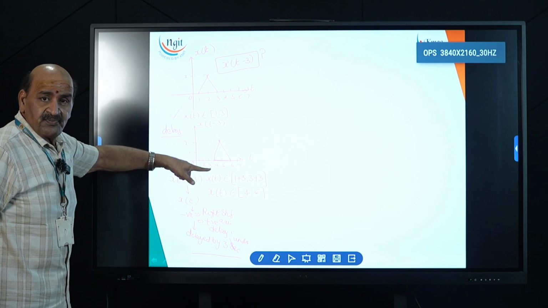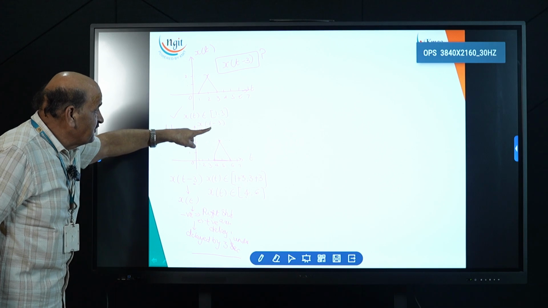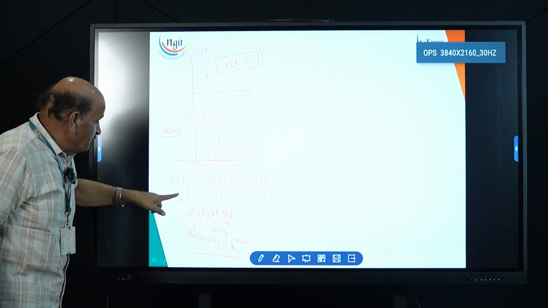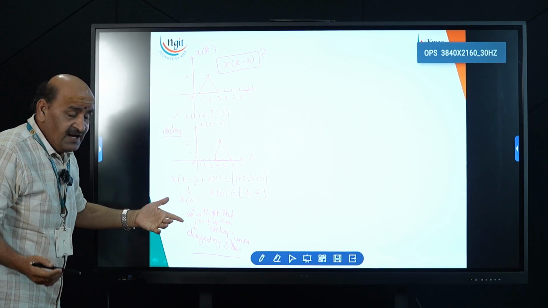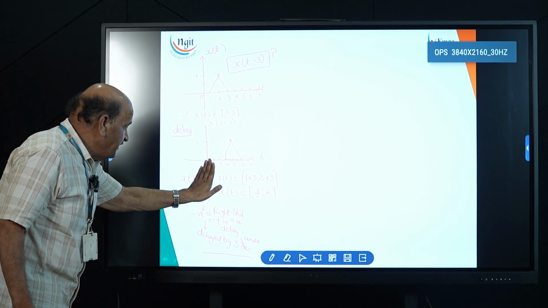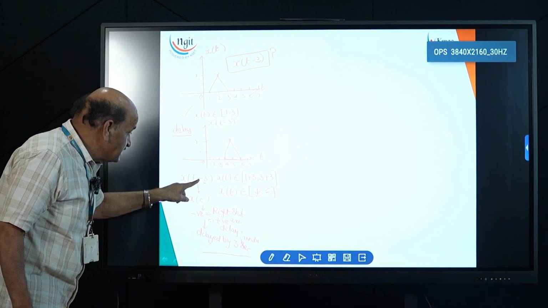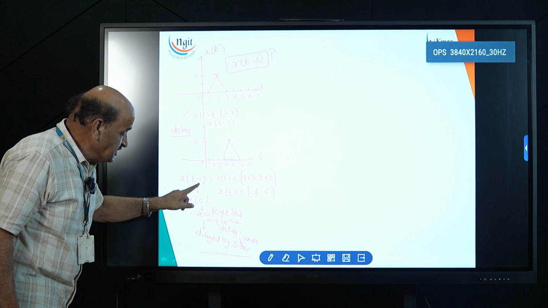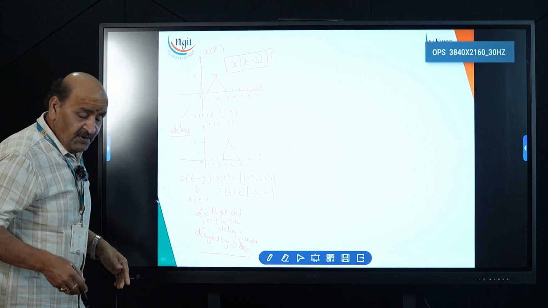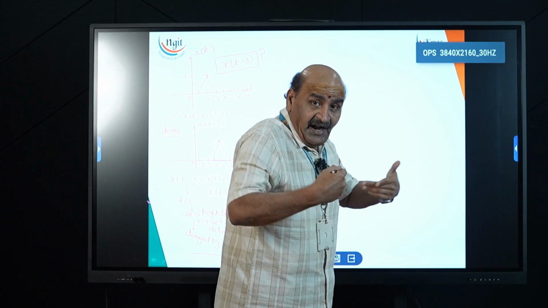Compare these two. The given graph is x of t. What they require is x of t minus 3. So how could the analysis take place? Again I am telling, in x of t minus 3, the basic signal was x of t. Next, look at the symbolic representation. It is minus. Minus means towards positive axis. Towards positive axis means right shifting.